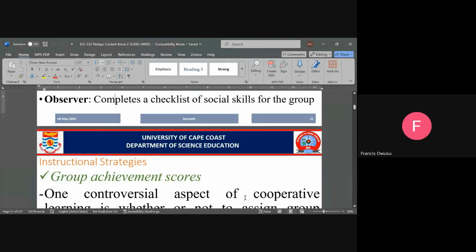If you give them scores, they will take the group work seriously.